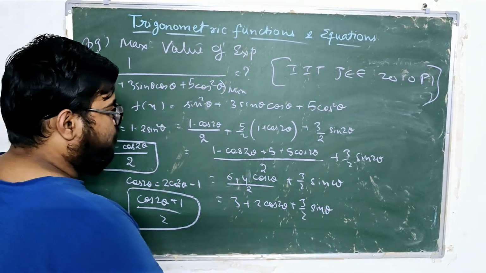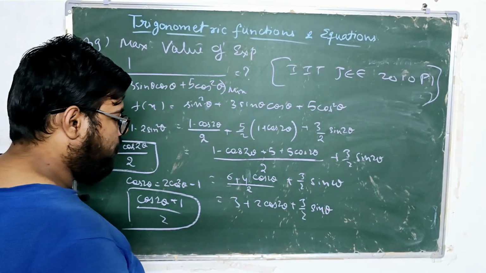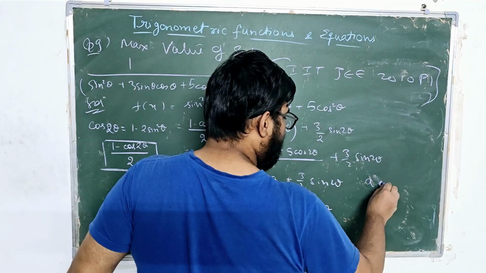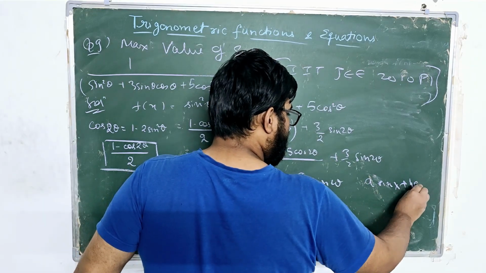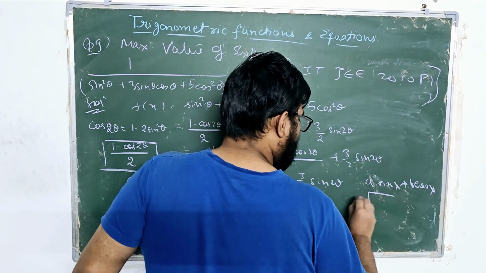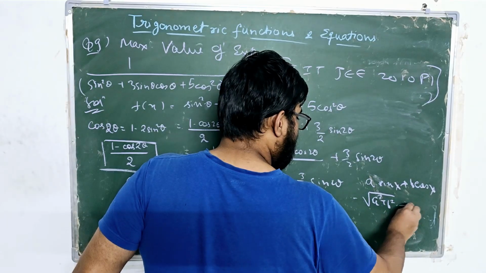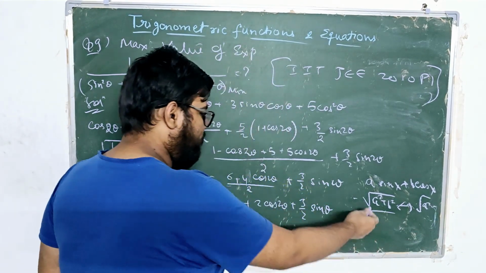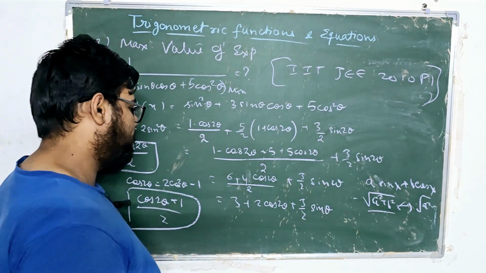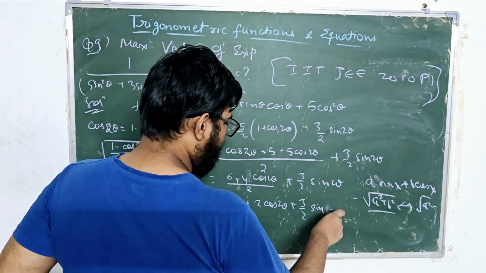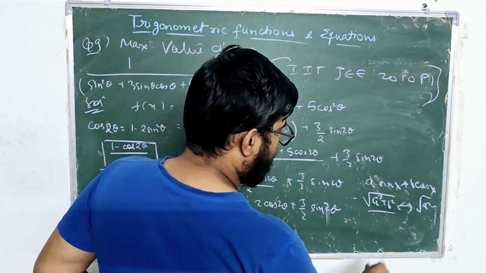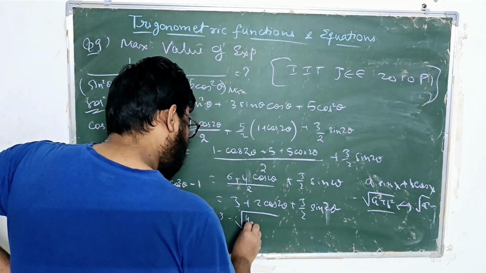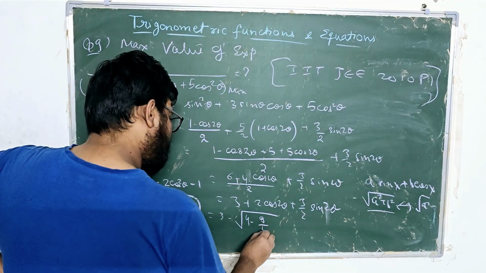Right? So now what will be its minimum value? It will be, a sin x plus b cos x lies between negative square root of a square plus b square to square root of a square plus b square. So we have to take the negative value over here. So this is 4 minus 9 by 4.